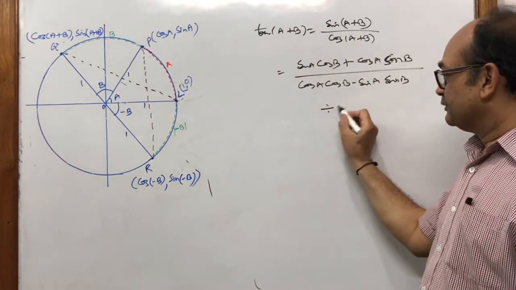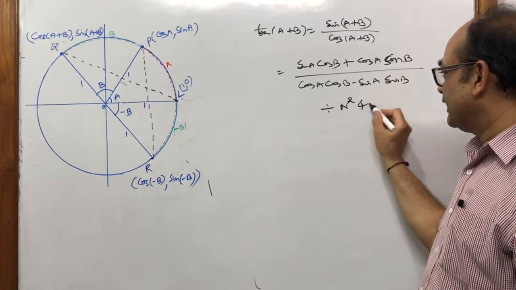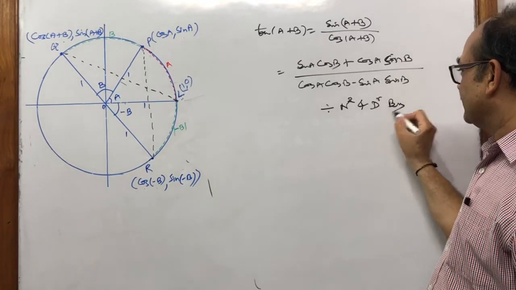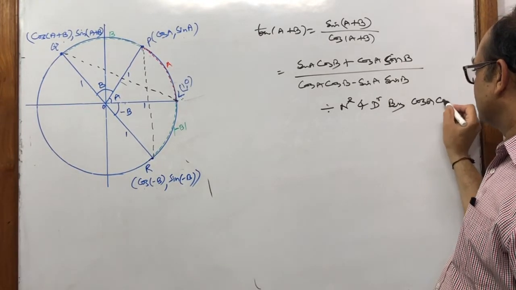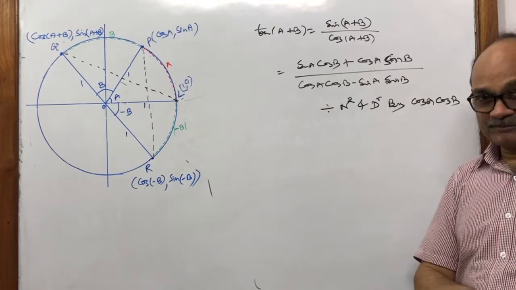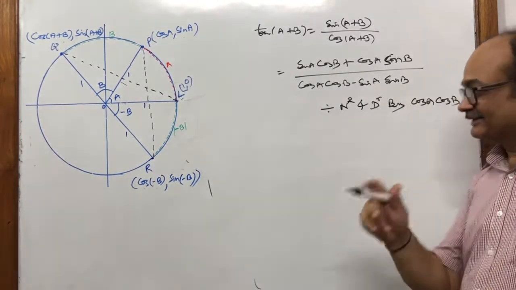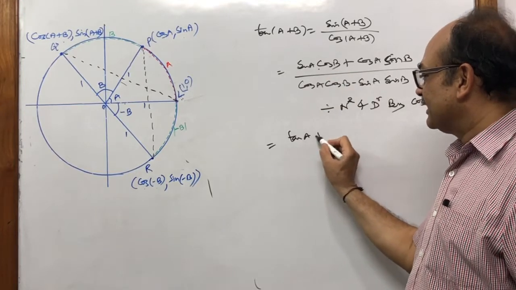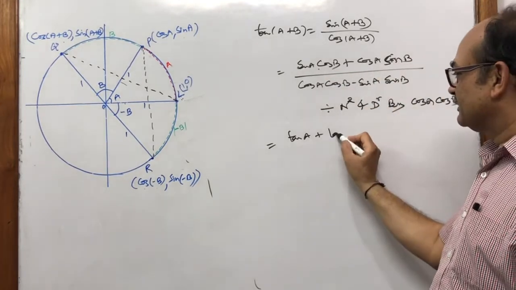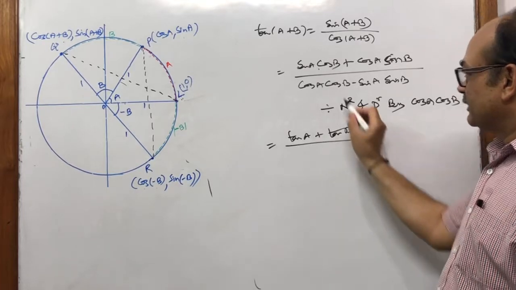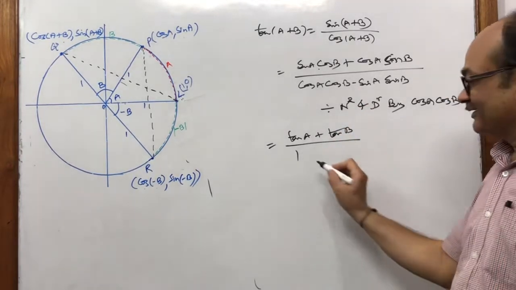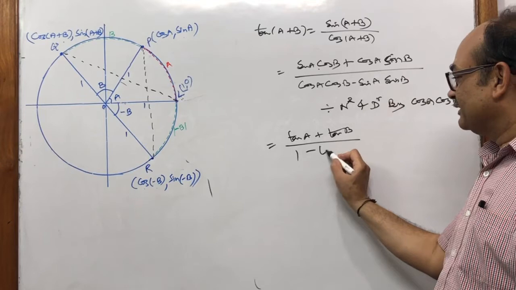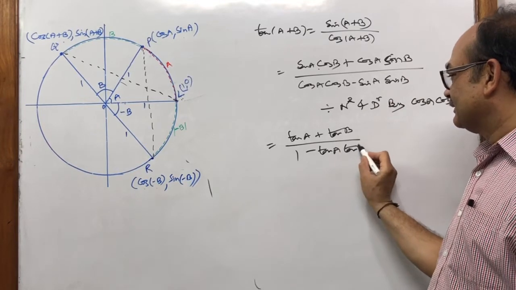So divide numerator and denominator by cos A cos B, because we want to make tans. If you divide by cos A cos B, what we are getting? Tan A, tan B, 1, tan A tan B.